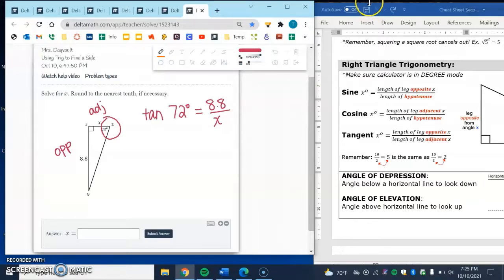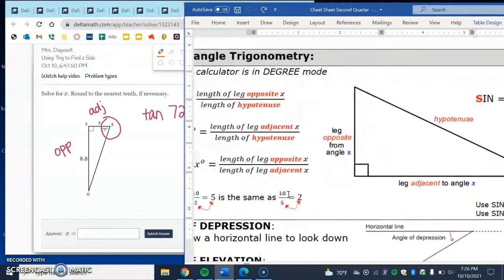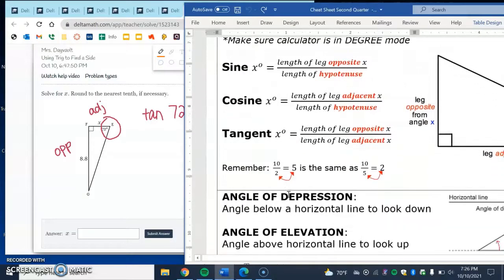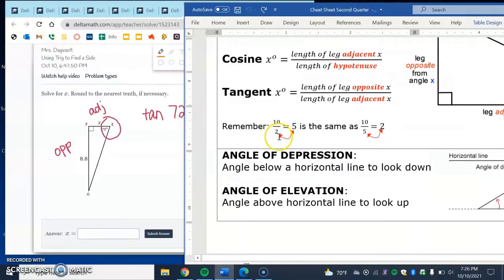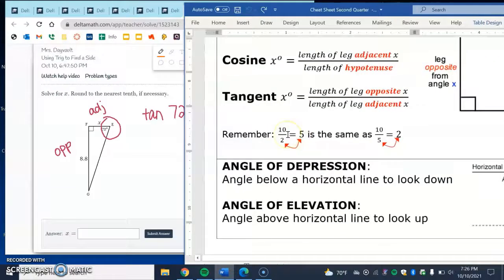Now, this one's a little bit different from the others because the others that we solved had x on top. This one has x on the bottom. So this is why I put a little note for you that whenever you have something that you're dividing, you can flip around the denominator and the answer. Why?